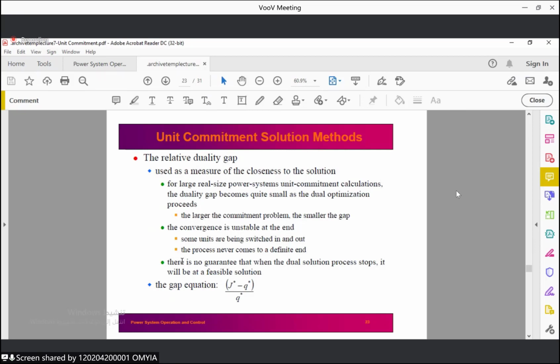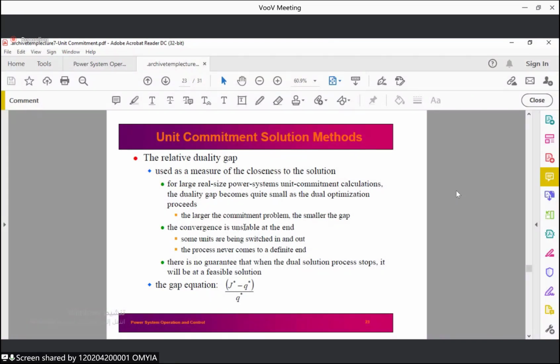The last topic I will talk about is the relative duality gap. The relative duality gap is used as a measure of closeness to the solution. For a large-size power system unit commitment calculation, the duality gap becomes quite small in a dual optimization procedure. That means when the commitment is large, there are a lot of units, so the gap is smaller.